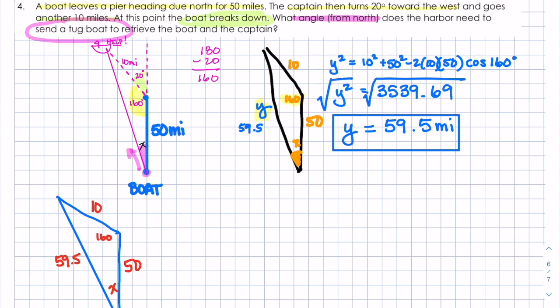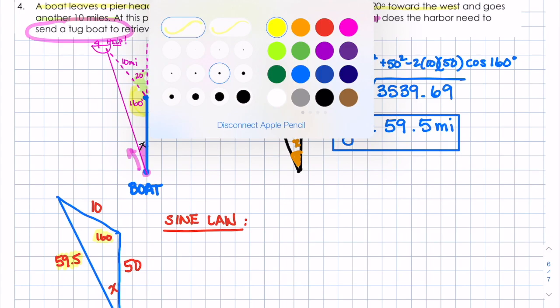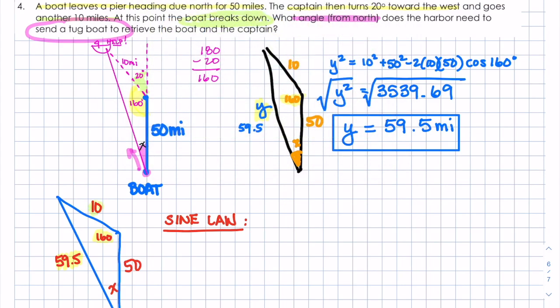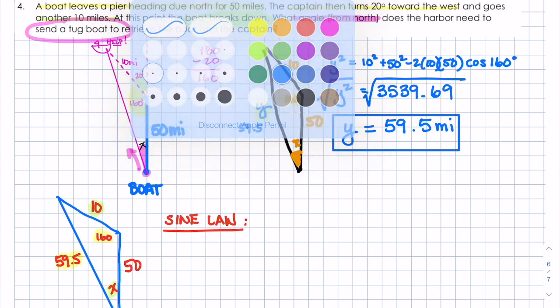So now you can see that I put myself in a good enough position to figure out that missing angle using either the sine law or the cosine law. So I'm actually going to use the sine law just to practice both, but just keep in mind the cosine law could also be used here. So how does the sine law work? So I'm going to match up the things. So this angle is going to match up with that side, the one across, and this side is going to match up with that angle. So I know exactly enough information to use the sine law.